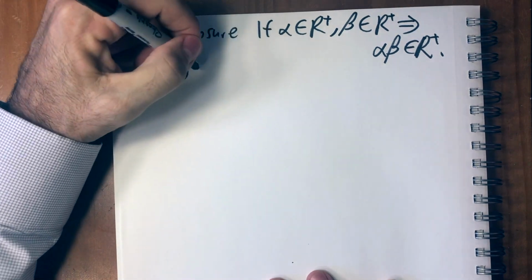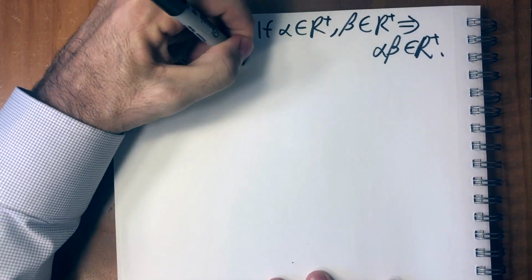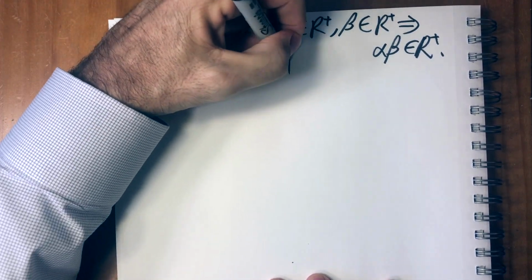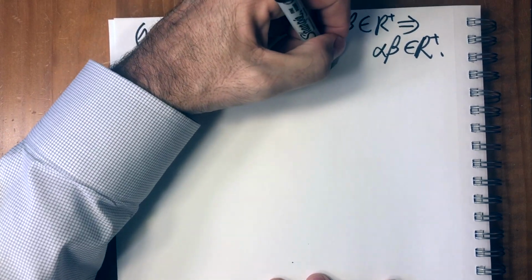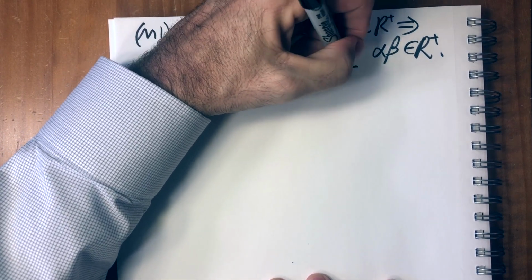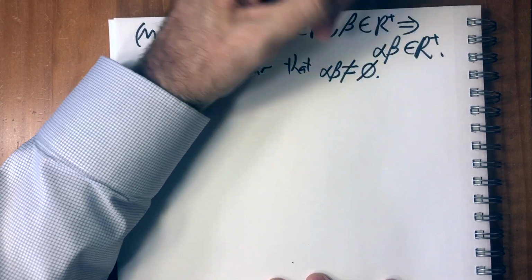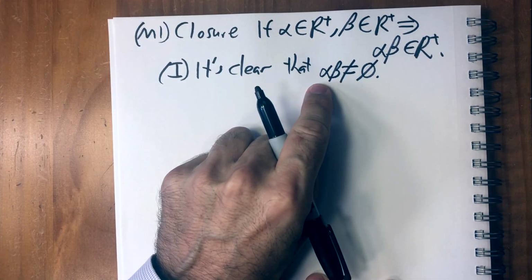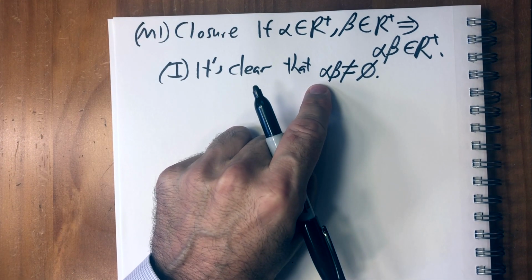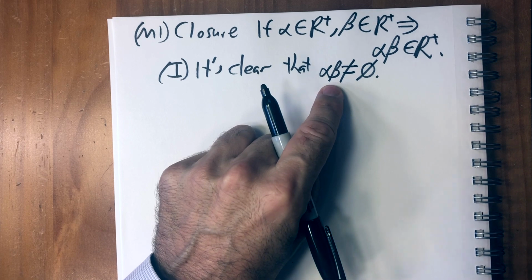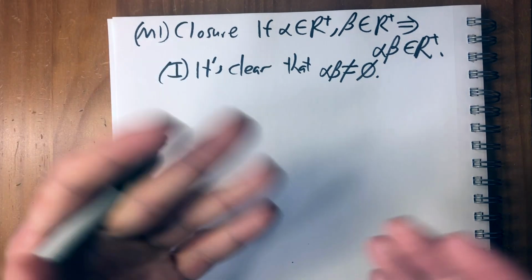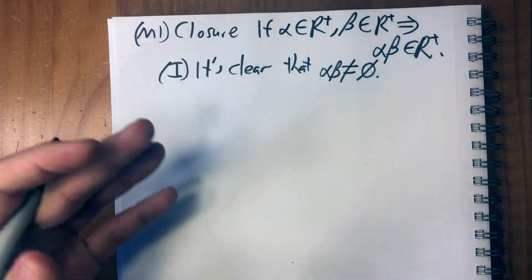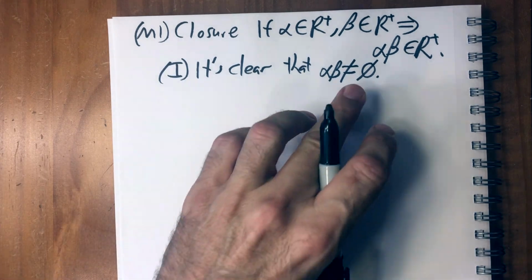So it's clear that alpha beta is not empty because alpha is positive, so it contains some rational number. Beta contains some rational number. Multiply those together, so it has something in it, so it's not empty.